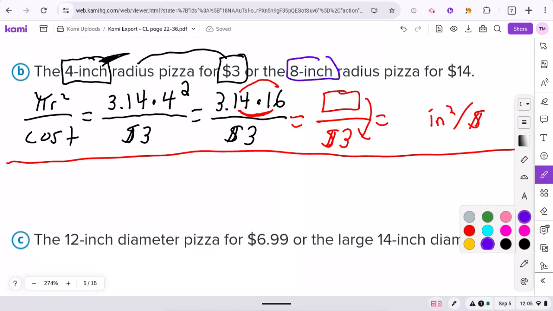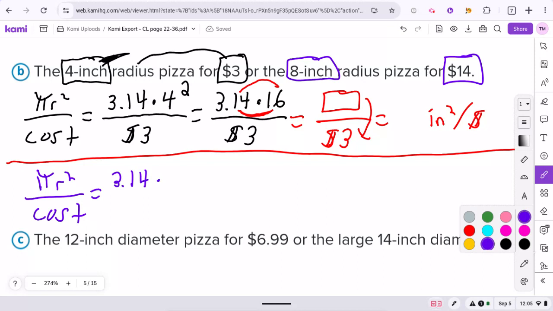So this one is 8 inches for $14. So same steps. Area is pi r squared over the cost. This one, 3.14 times radius is 8 squared. Cost is $14.